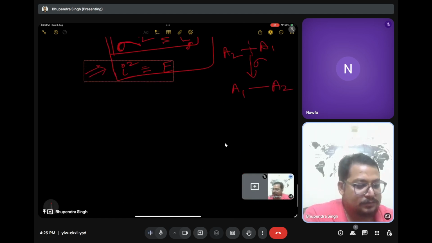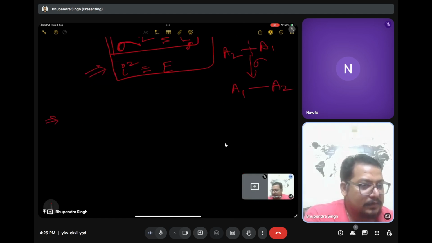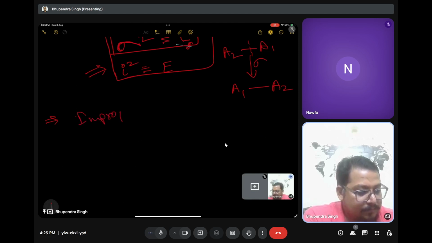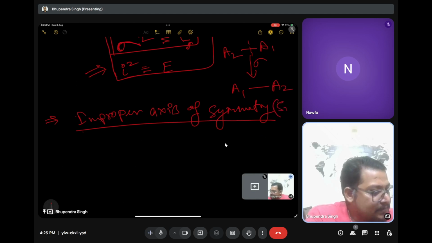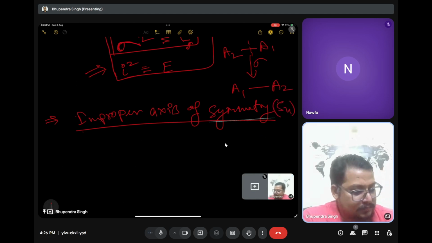Anyway, let's move on to another symmetry element, which is the improper axis of symmetry. This we denote as Sn.